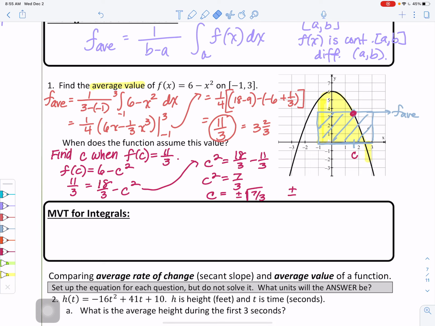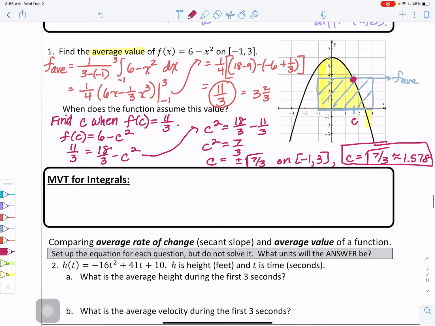There are actually 2 points, but in our interval, on -1 to 3, c is equal to the positive root 7/3, which is about 1.578.